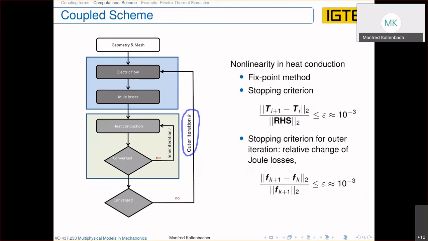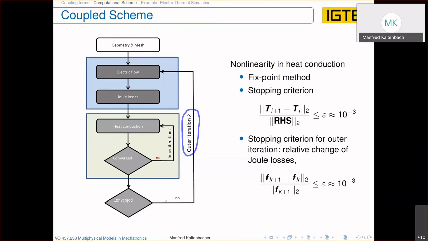Okay, and a standard value is 10 to the power of -3. So this is a relative norm that would mean we have an accuracy of 0.1%. When we take this as a relative norm where we use in the denominator the right hand side of the heat conduction equation, which are nothing else as our heat sources coming from the electric flow equation.